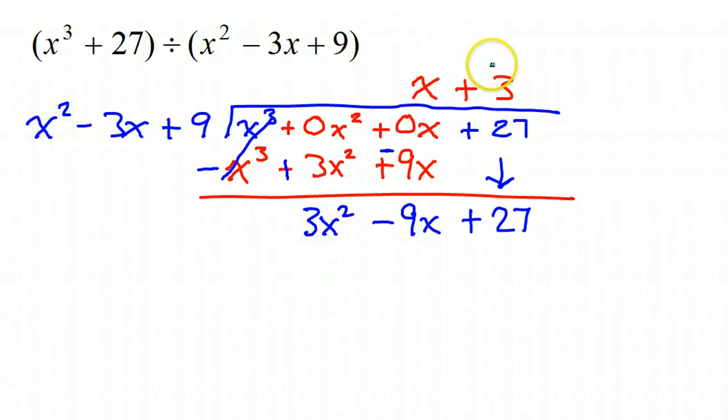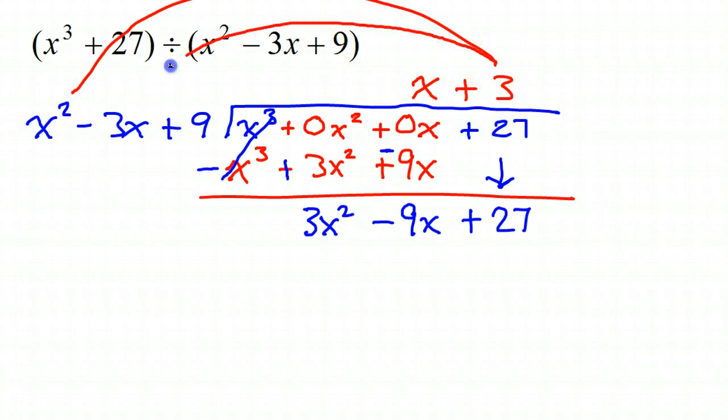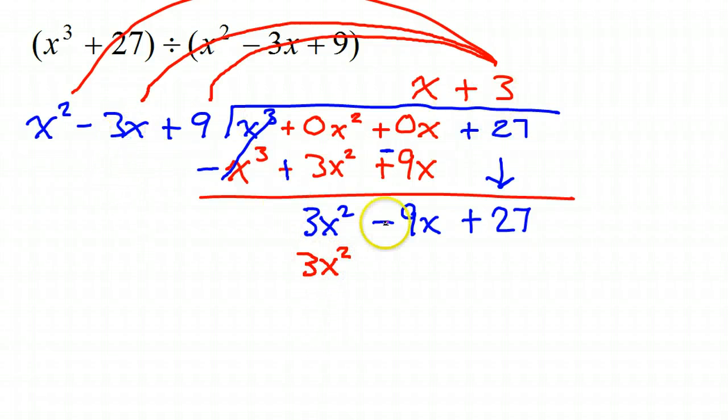So I'm going to take this 3 and distribute it. So 3 times x squared, I get 3x squared. 3 times negative 3x is negative 9x. And 3 times 9 is 27.